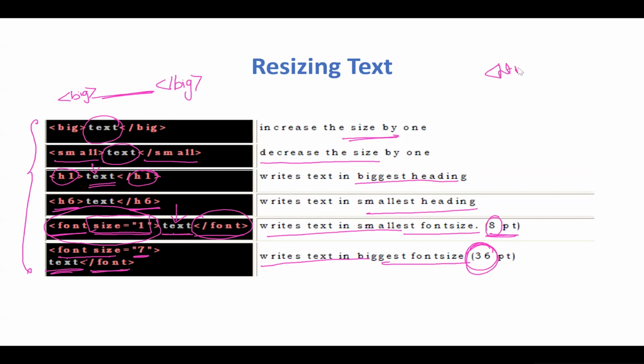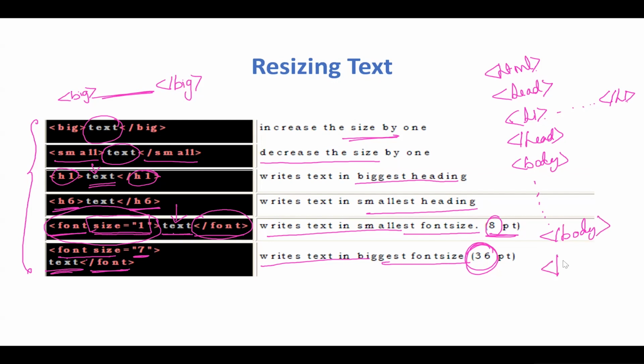Now, how will you start writing? You will write HTML. Okay, you can write head and then you can write H1, whatever data you want to write, and you can close H1. Then you can close head. You can start with the body. And then once again, you can use whatever tags you are learning and close body and close HTML.